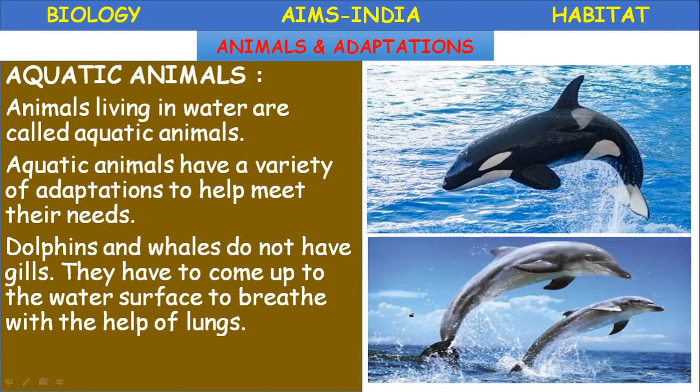Okay, oceans are the largest continuous bodies of salty water, occupying 71% of the earth's surface. They are the largest habitat on earth we can consider. A wide range of animals are found in these oceans. Example, whale, octopus, dolphins, sharks, very large animals. They are found in the oceans.